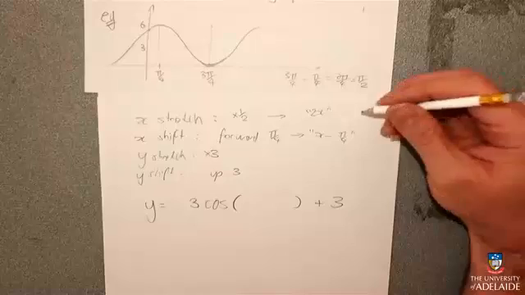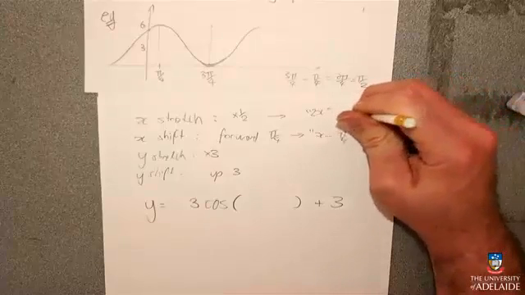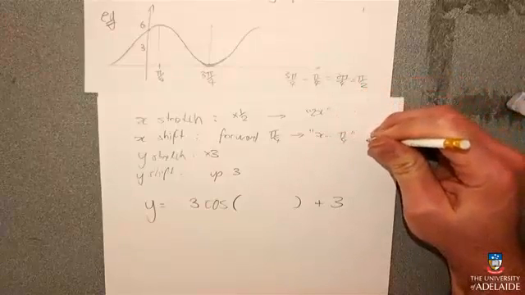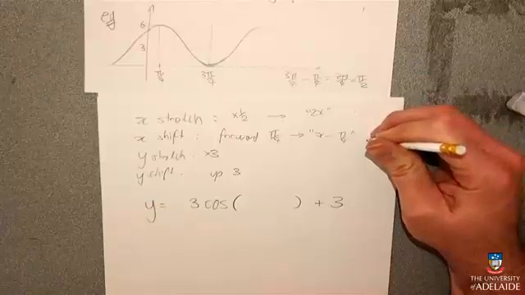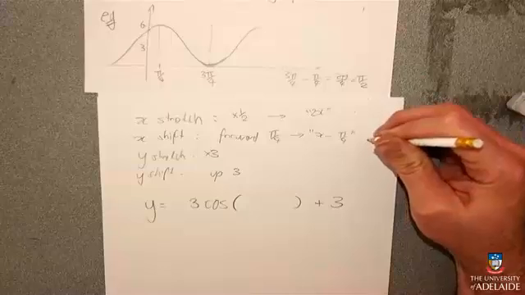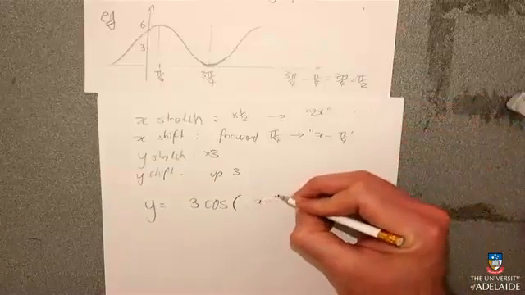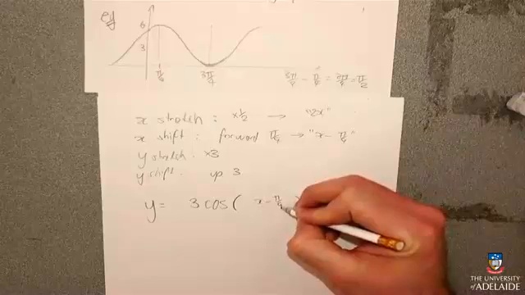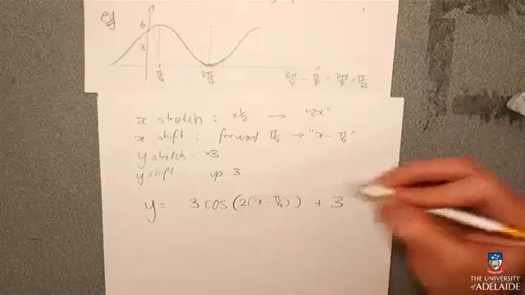So we did this first and then this, in terms of the moving of our graph. In terms of the maths we calculate, we have to calculate them in the reverse order. So we have to do x minus pi on 4, and then the 2.